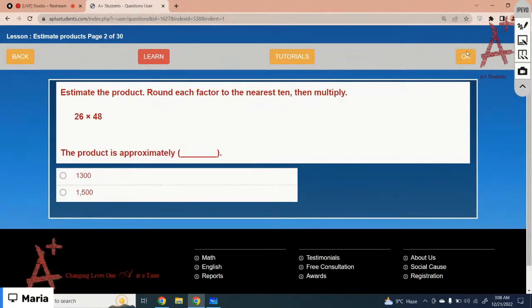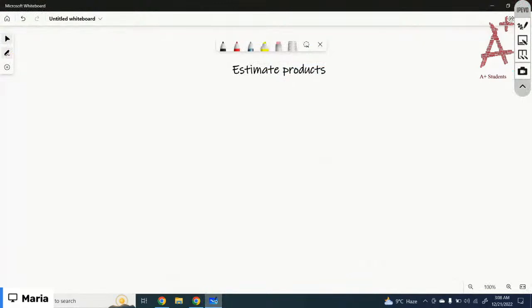Okay, the next one is estimate the products 26 times 48. So you have to round off the numbers and then you have to multiply. Got it? Let's start with 26. You have to round to the nearest 10. So the tens digit is 6. Whenever you have to round off to the nearest 10, you have to look for the digit that is on the right hand side of the tens digit.